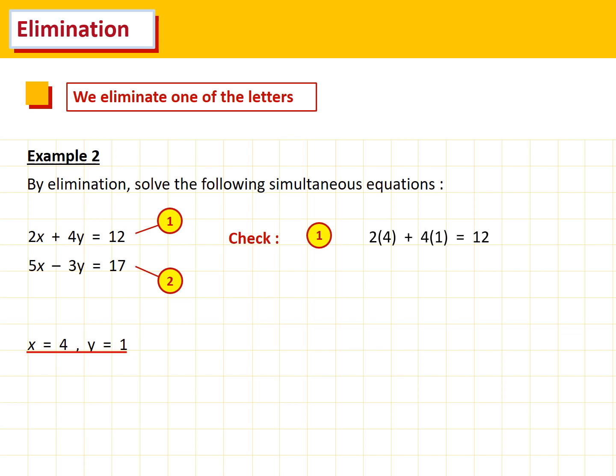We get 2 lots of 4 plus 4 lots of 1. Does that equal 12? 8 plus 4 equals 12. It sure does. And in the second equation, we get 5 lots of 4, subtract 3 lots of 1. That's 20 take away 3, and that gives us 17. We've got the right answer.